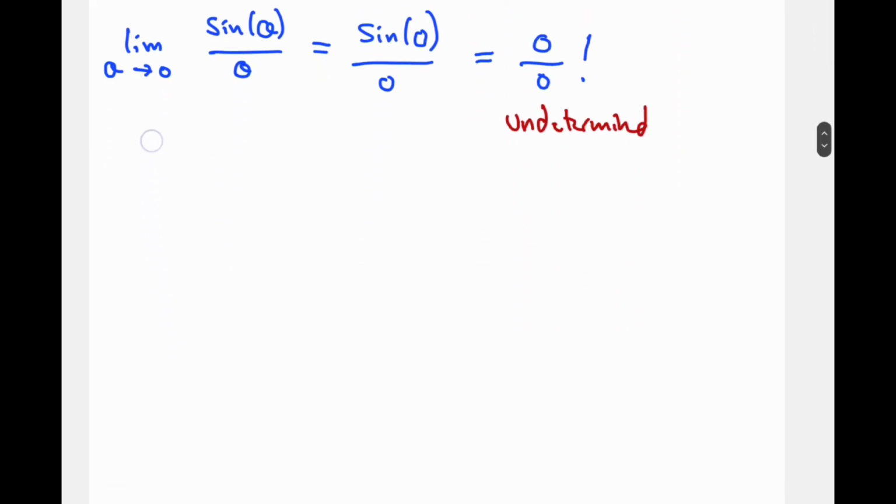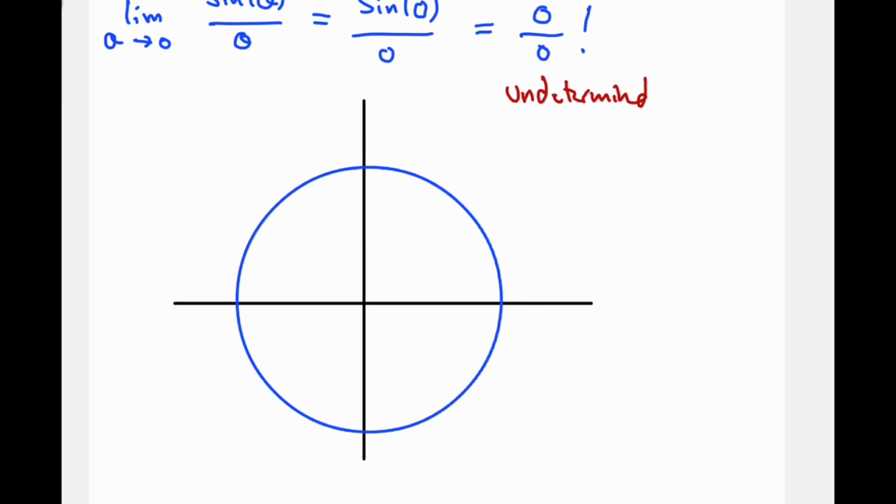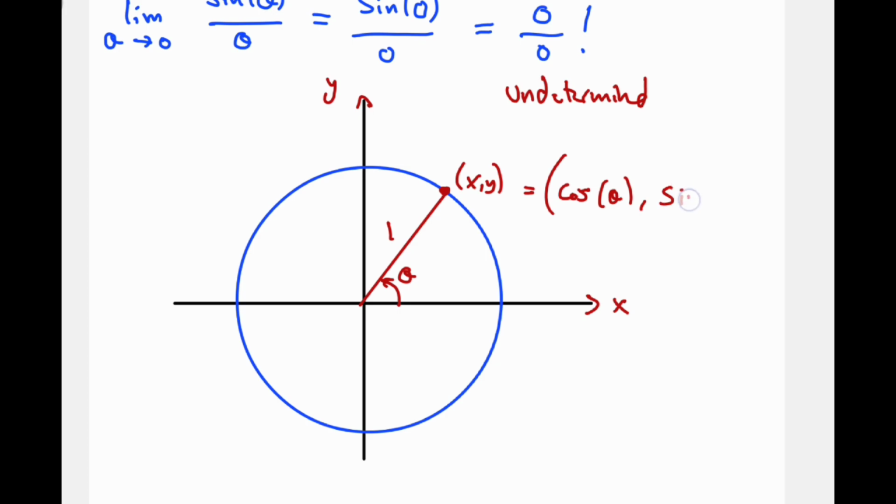So let's first sketch the unit circle. We know that if you have an angle theta, and this point is on the unit circle, so the radius of this circle is 1, this point is on the xy plane, and is represented by the coordinate x, which is cosine theta, and the coordinate y, which is sine theta.